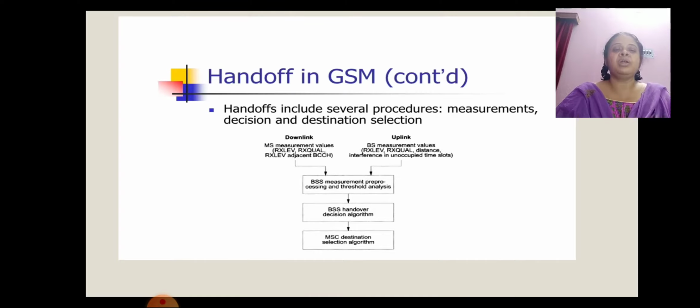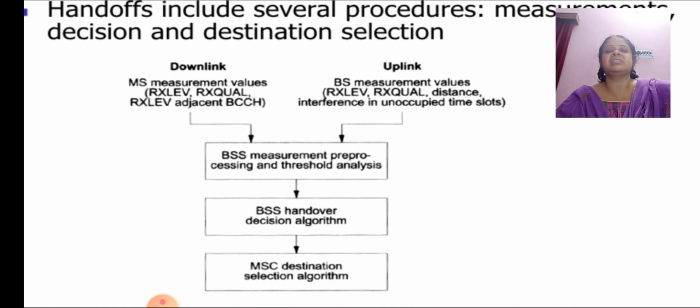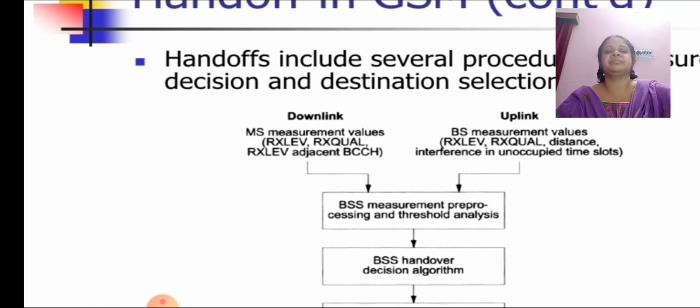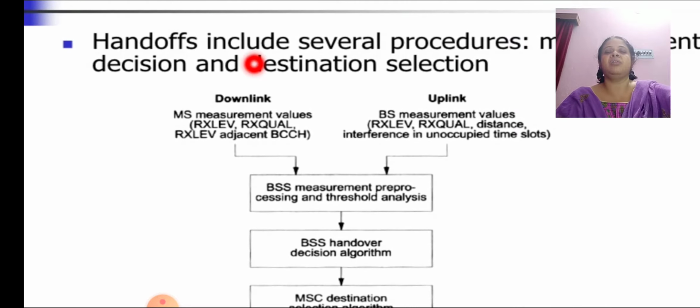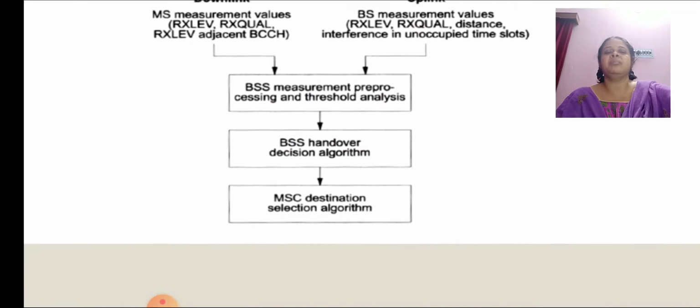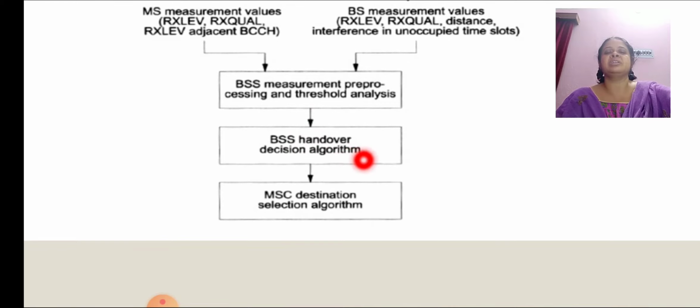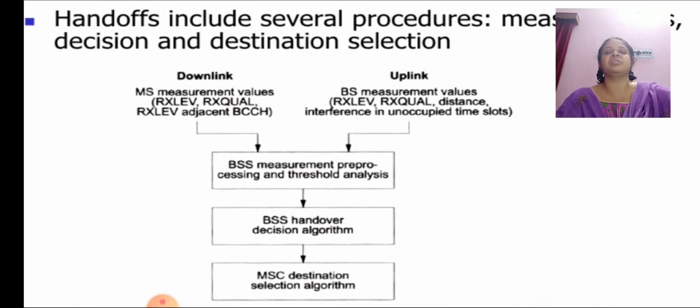Handoff includes several procedures: measurement, decision, and destination selection. See downlink and uplink. In downlink, mobile station measurement values are given, then base station measurement, processing and threshold analysis. BSS: handover decision algorithm. MSC: decision selection algorithm.